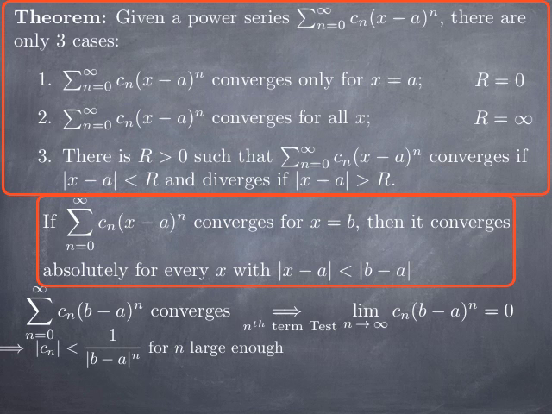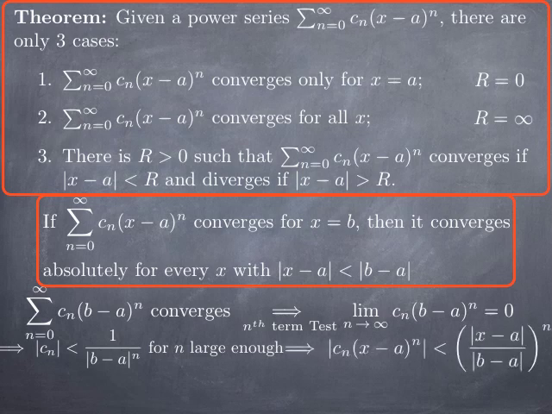But if this is the case, then multiplying both sides by absolute value of x minus a to the n, this is what we obtain. And on the right hand side, you have this x minus a divided by b minus a. And we're in the case where we assume that x is closer to a than b, and therefore what is under the parenthesis, absolute value of x minus a divided by absolute value of b minus a, is something less than 1.